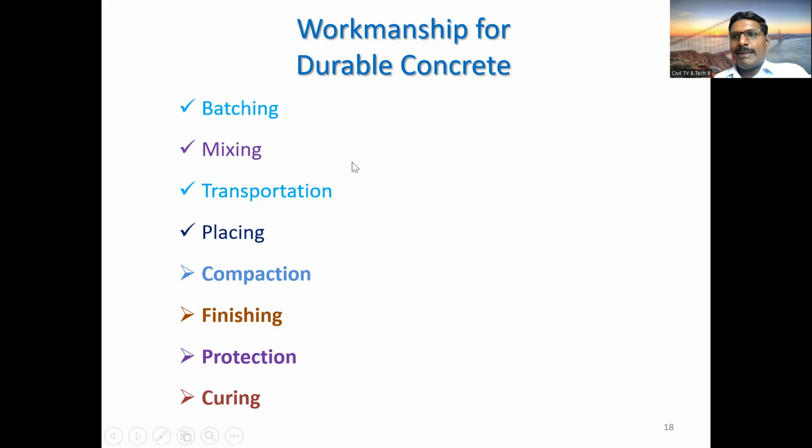Batching means mixing of concrete. Initially we mix the concrete in the dry state, then we add water to it. So after batching and mixing, we transport the concrete up to the column, the beam or the slab, or from the RMC plant through vehicle, then placing.